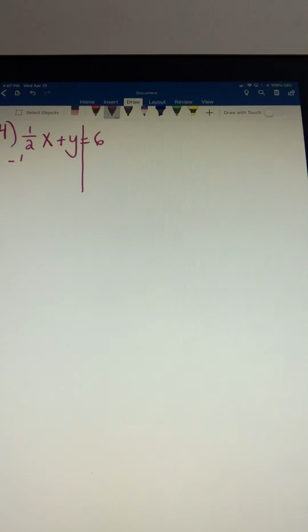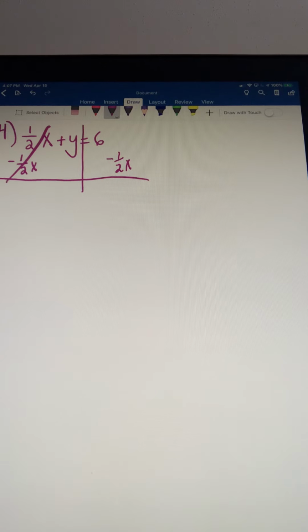Here we go. It is going to be 1/2 x plus y equals 6. All right, put your line going down. It's okay if you have a fraction. We still have to move the x to the other side. So we are going to subtract 1/2 x.